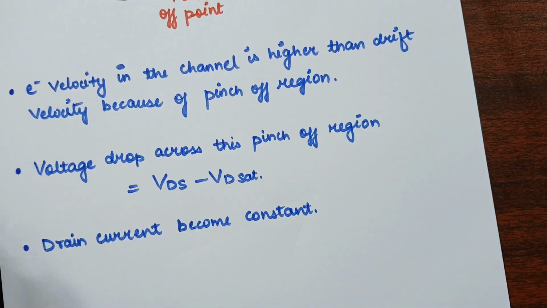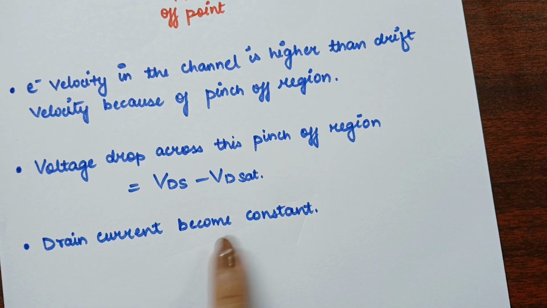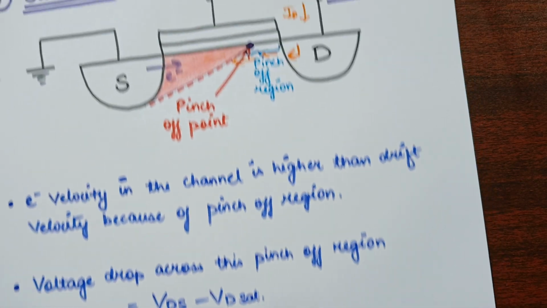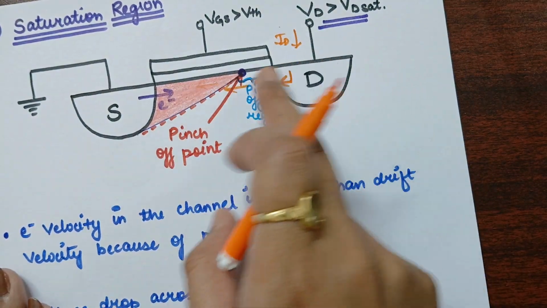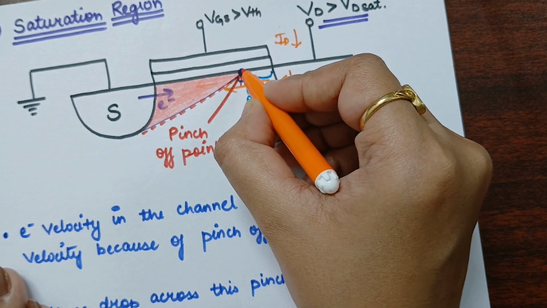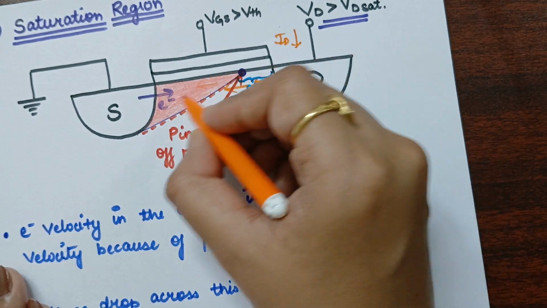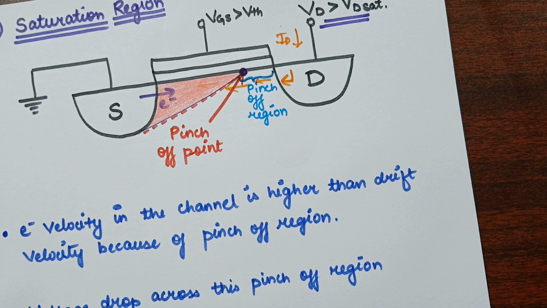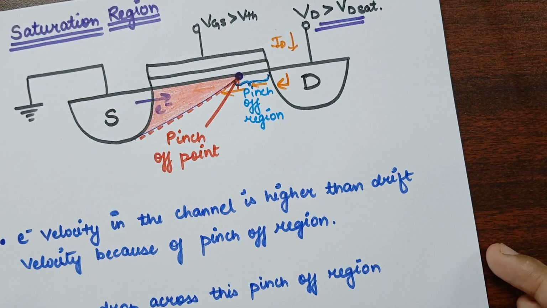Clear? And the drain current will become constant. Why will it become constant? After a certain value, the pinch off point will move towards the source terminal, and there will be no medium for the current to flow through, and hence you will observe a constant current.